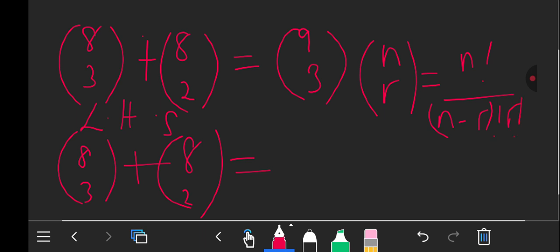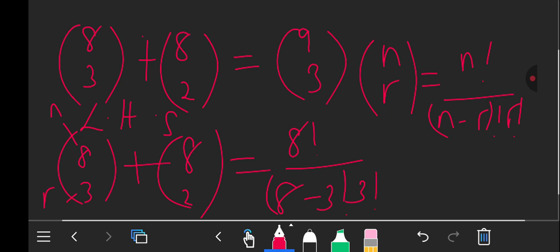So when we have 8 combination 3, our n is 8 and our r is equal to 3. So we apply this formula. So this will be equal to 8 factorial over n minus r, which is 8 minus 3 factorial, then 3 factorial, which is r factorial.